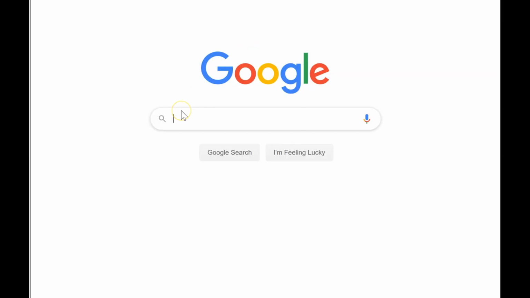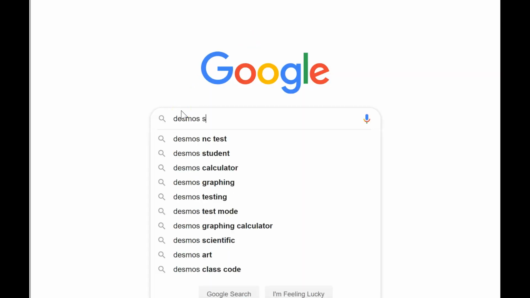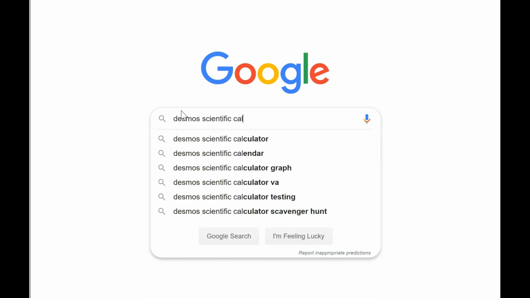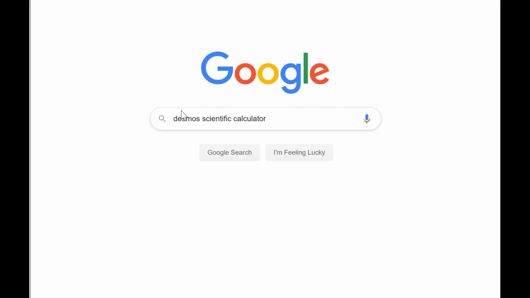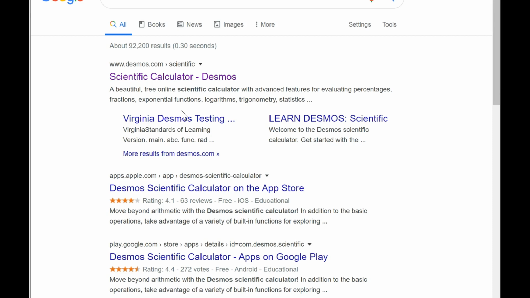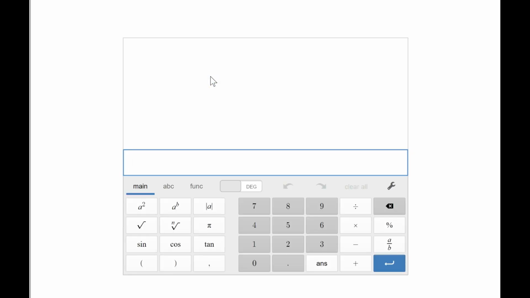If you go to Google and you put Desmos scientific calculator, whenever in class you're not taking a test on Canvas and I allow you to use your calculator, you can use this calculator here. And it's a really good calculator. So when I say pi, for instance, if it was 3.14, I'm just typing, and the times is the shift and the 8 button, times 4, and I say squared.